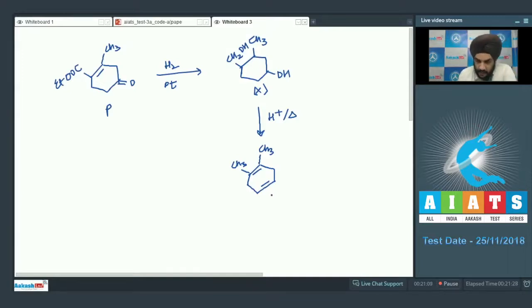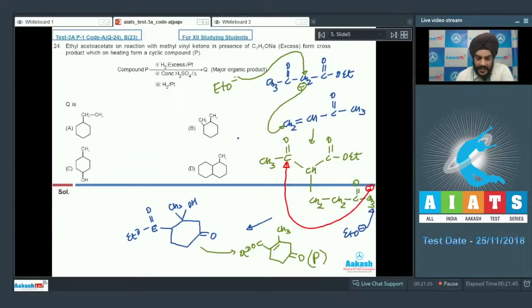So this structure will be formed, and then further when it is subjected to catalytic hydrogenation, we are going to have 1,2-dimethyl cyclohexane as the major product. So if we look at the options, we have the correct structure of Q given in option B. So we have to mark option B as the correct answer to our question.